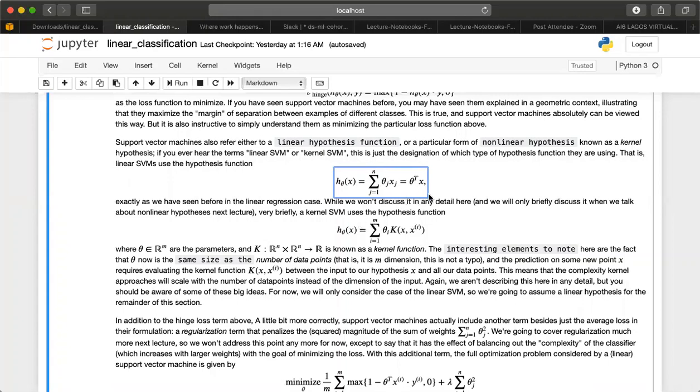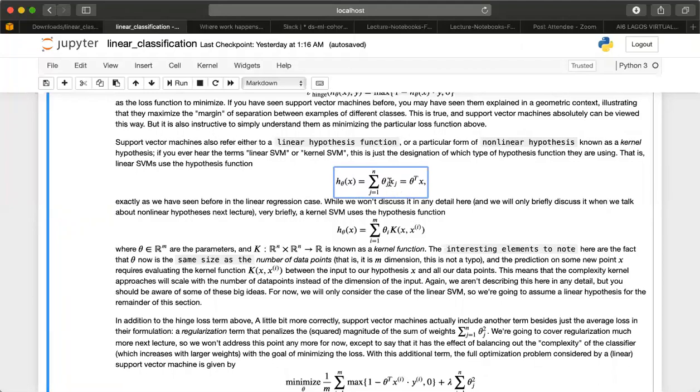So one change, not subtle, but a major change, and an interesting one for that matter, that you find in kernel SVMs is that the number of theta is not the same as the number of features you have, as you would have in the linear case. So notice, this is where you see mathematical notations.